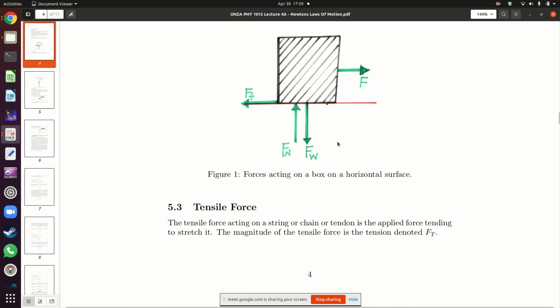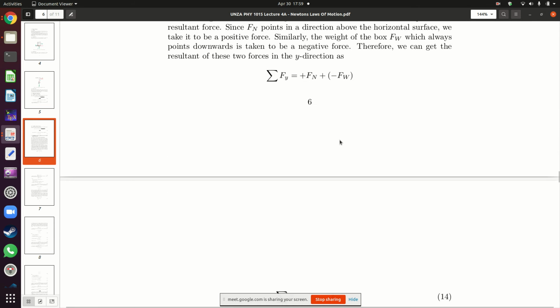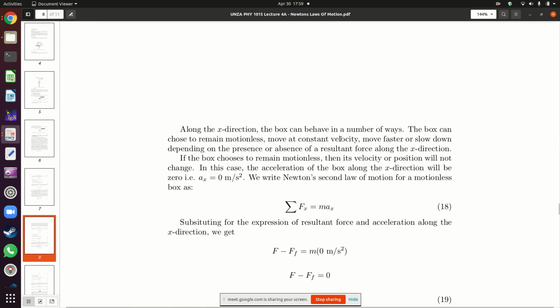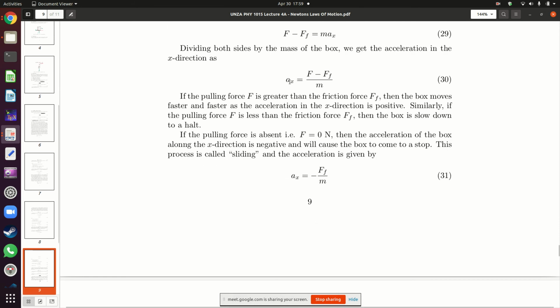So in that case, there is definitely going to be acceleration. The acceleration you're going to find, as we have seen, is ax equals F minus Ff divided by m.